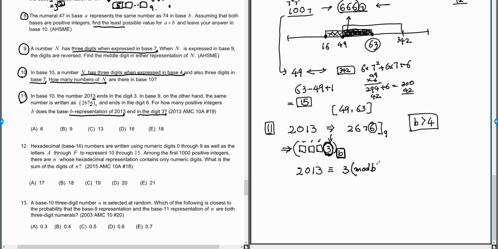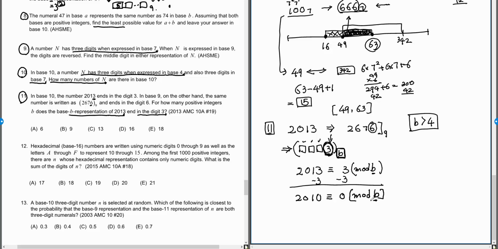We're going to find the b over here. So what are these numbers? When you subtract 3 from both sides, 2010 is equal to 0 mod b.